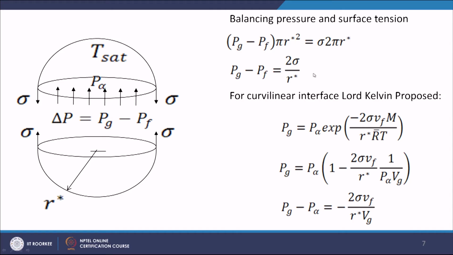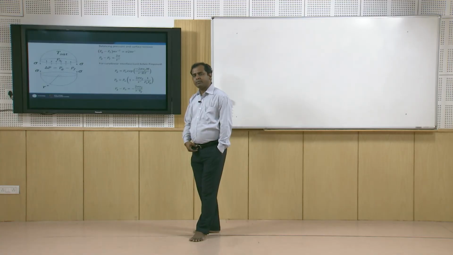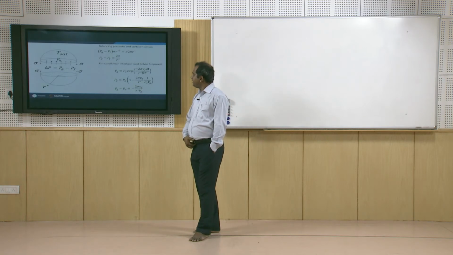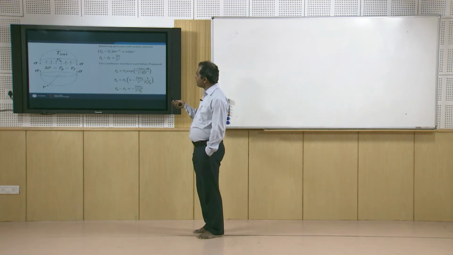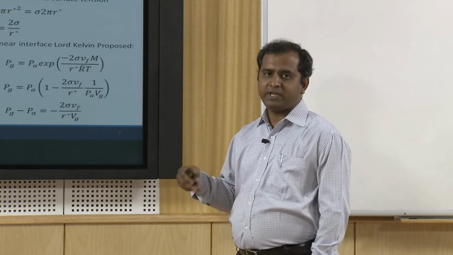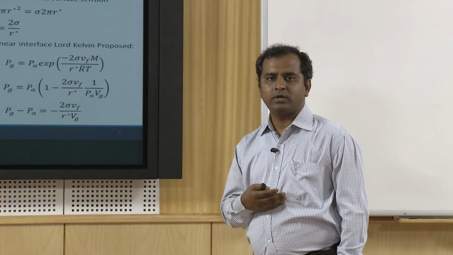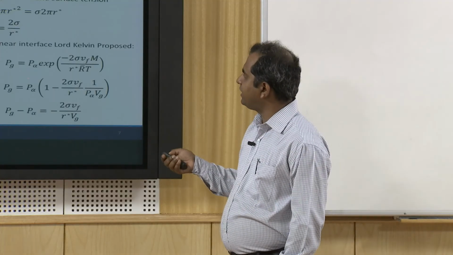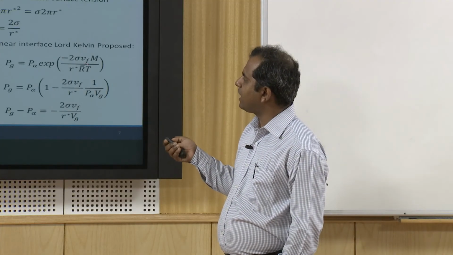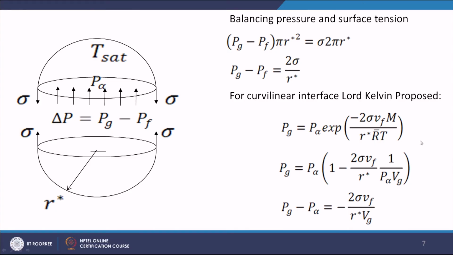Then let us take the help of the famous relationship given by Lord Kelvin. He proposed that if we have some curvilinear interface, Pg can be written as P infinity, where P infinity is the pressure of the bulk, the bulk pressure in the liquid, into e to the power minus 2 sigma Vf m, where m is the molecular weight for the gaseous phase, divided by r star.